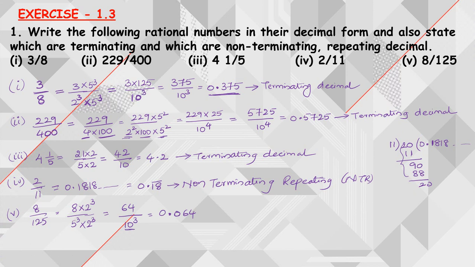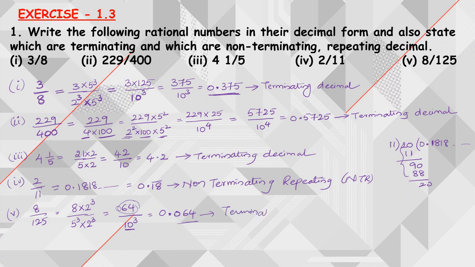Since we have 10 cubed in the denominator, you should have 3 decimal places after the decimal point. But here we have only 2 digits, so to make it 3 digits, we add a 0 in front. Because of that there won't be any change in the number. So 0.064 is a terminating decimal.